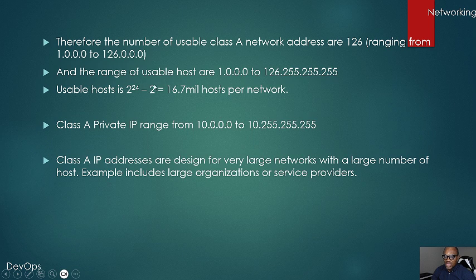This minus 2 is to remove the broadcast address and the network address. So every class A network has about 16.7 million hosts available to it.